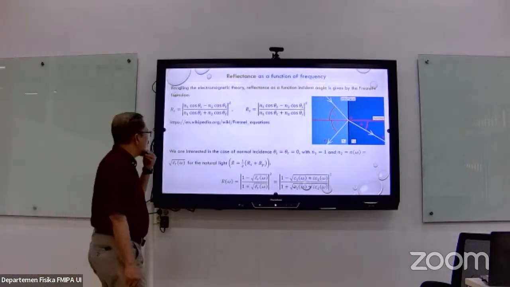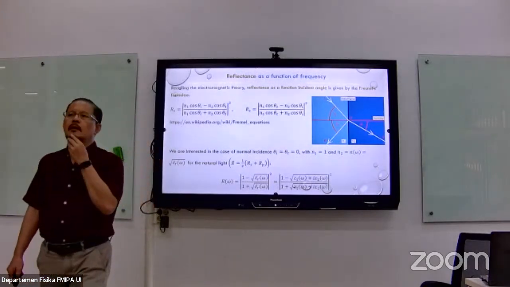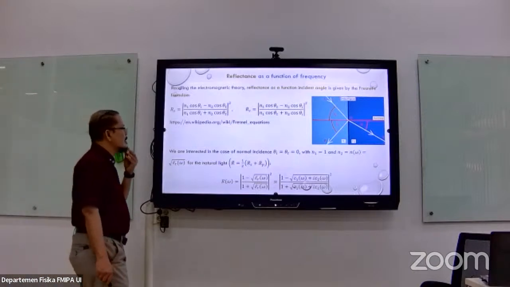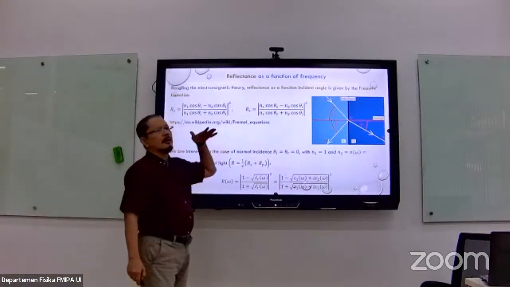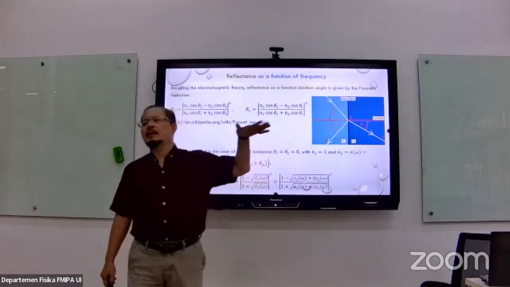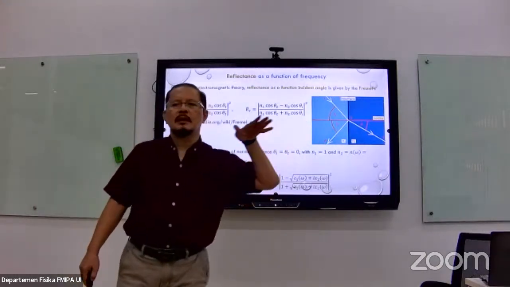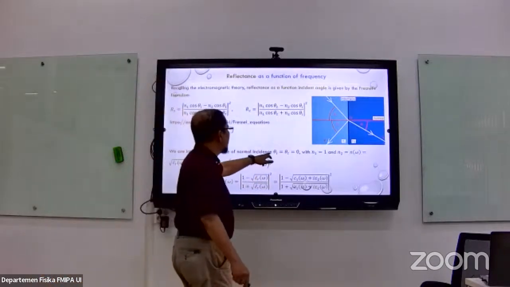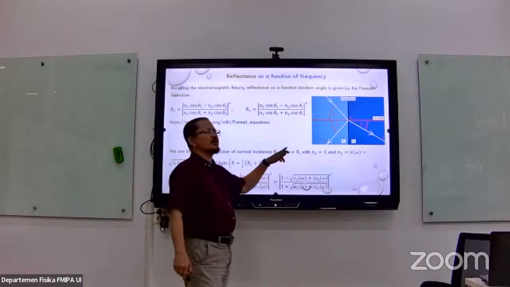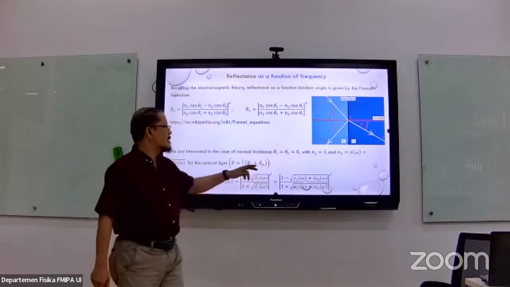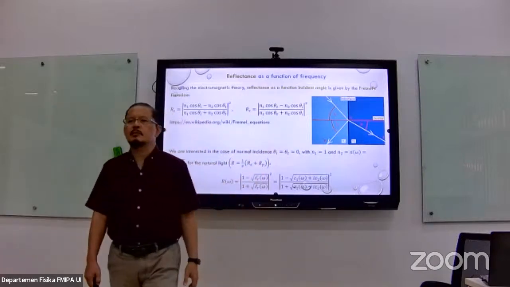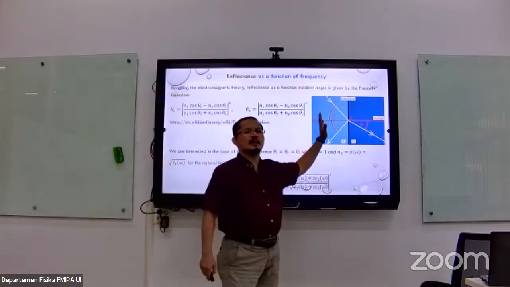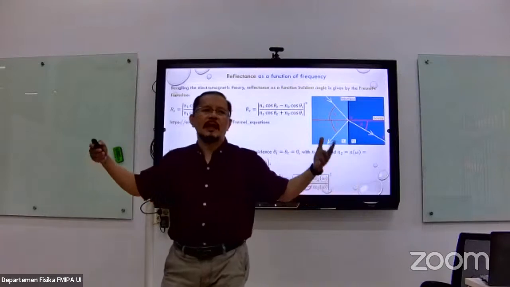But we are more interested only in seeing the situation where the light is coming with normal incidence, meaning theta I and theta T both are equal to 0. And in this case, we simplify our situation by considering that medium 1 is just air or vacuum.